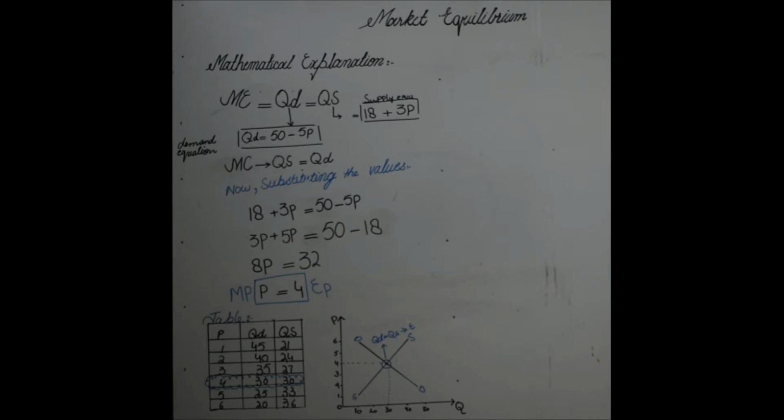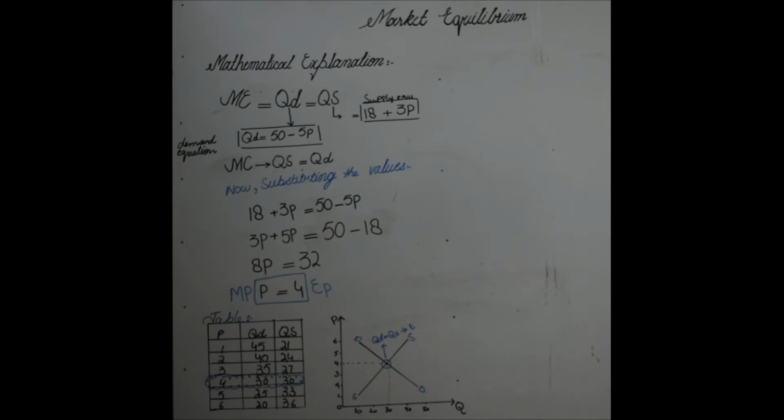Under these circumstances, there will be a price at which the sellers are willing to sell as much quantity as the buyers are willing to buy at that particular price. This is called the market equilibrium, and the price is called the equilibrium price.